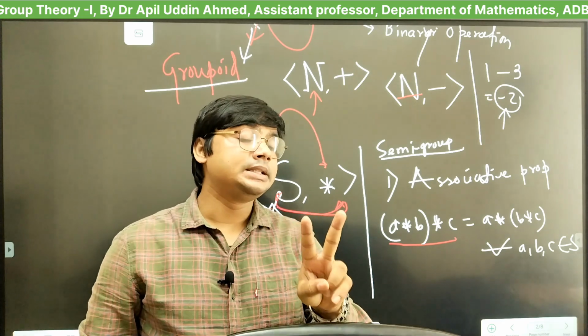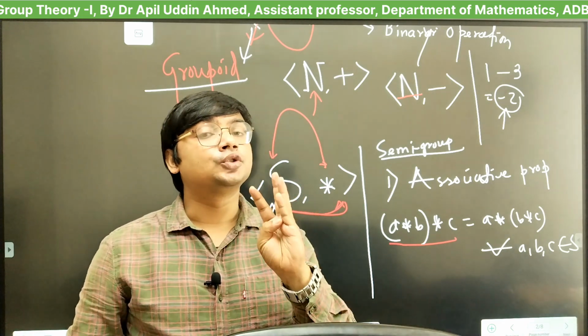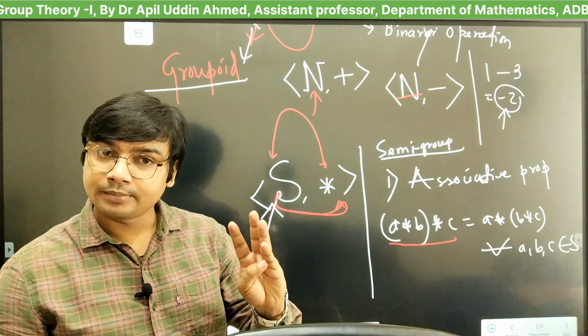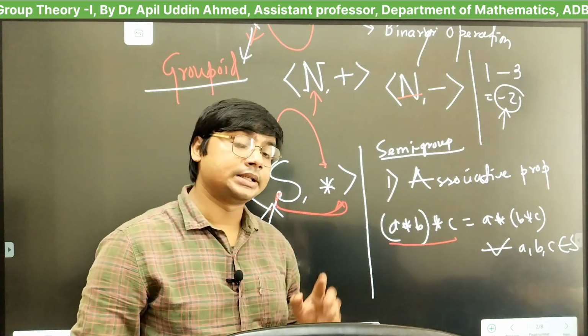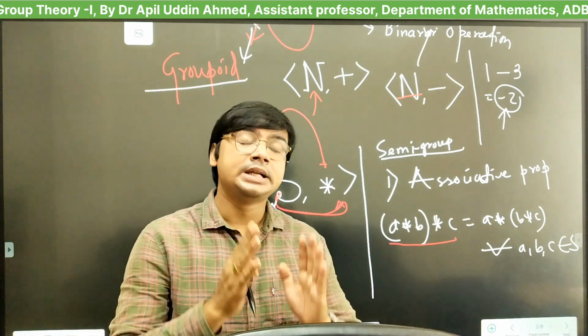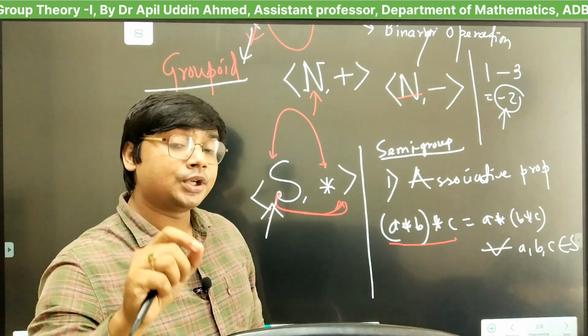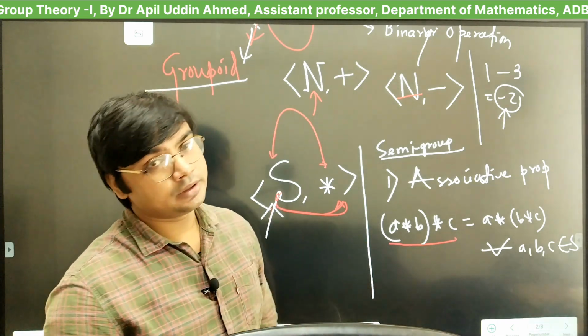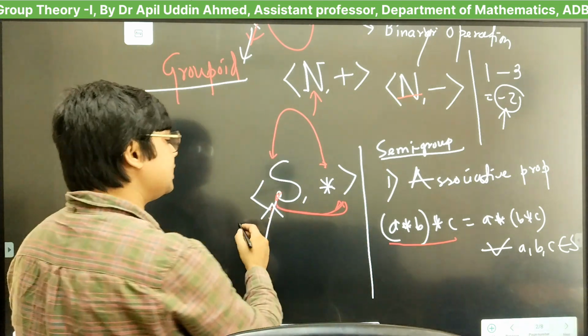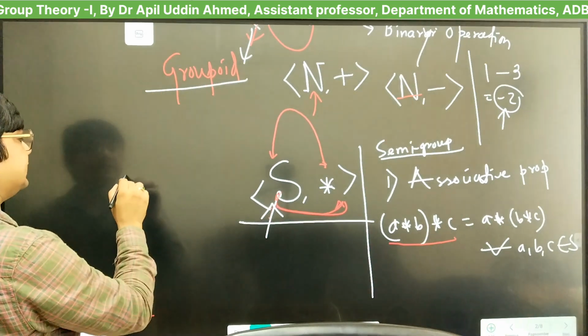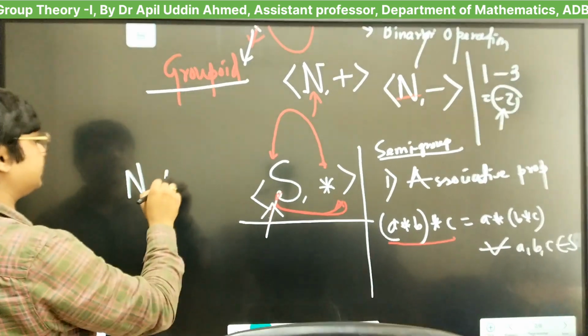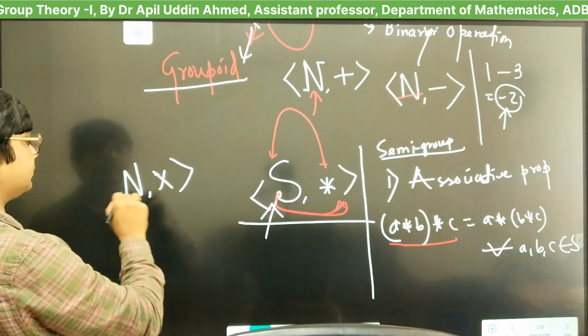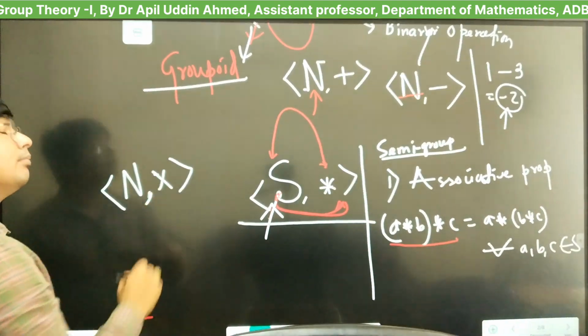If the set S satisfies two properties, one the closure property and another the associative property, then we call the set S a semigroup with respect to the operation star. Is it okay? For example, if we consider this operation, suppose this one, N multiple.